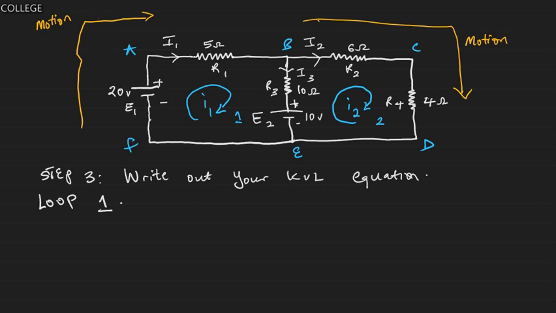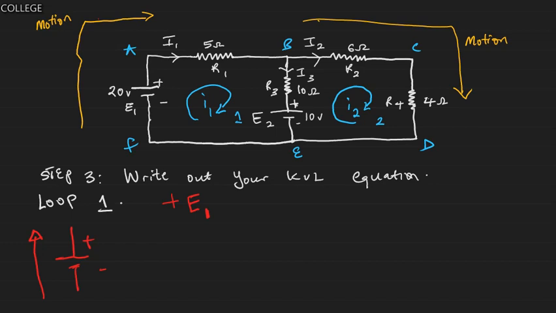If we are moving in a clockwise manner, that means we are moving from the negative terminal of the battery to the positive terminal. So we have it to be plus E1, because we are moving from a point of lower potential to a point of higher potential.